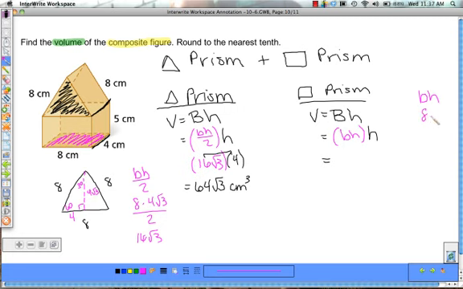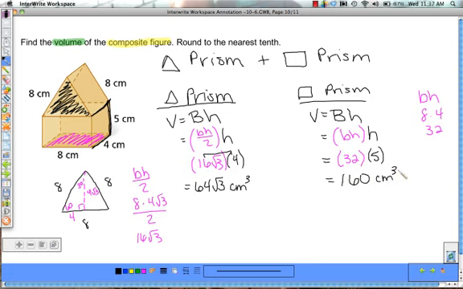So I just have 8 times 4, which is 32. So I insert my area of the base. The height of this prism is this piece connecting the two bases, so this will be 5. We get the volume of the rectangular prism is 160 cubic centimeters.